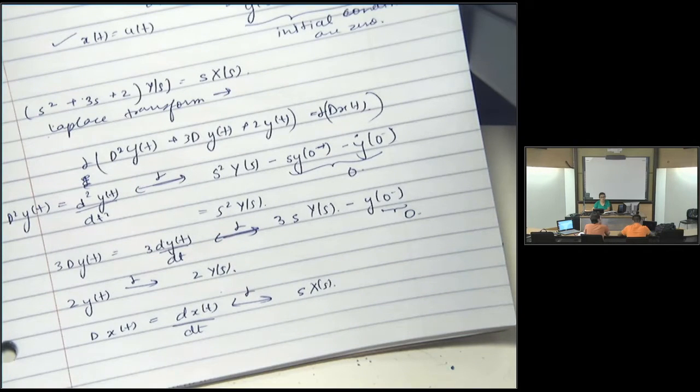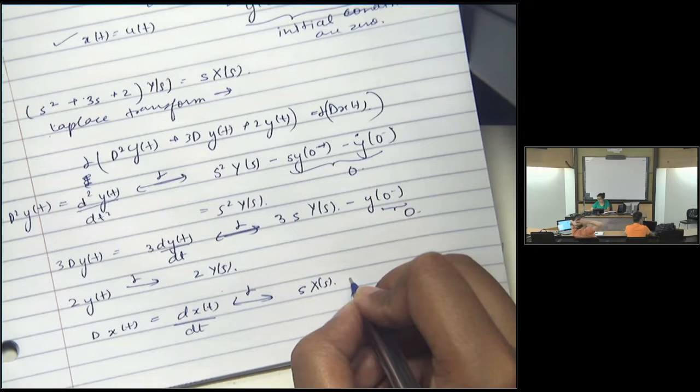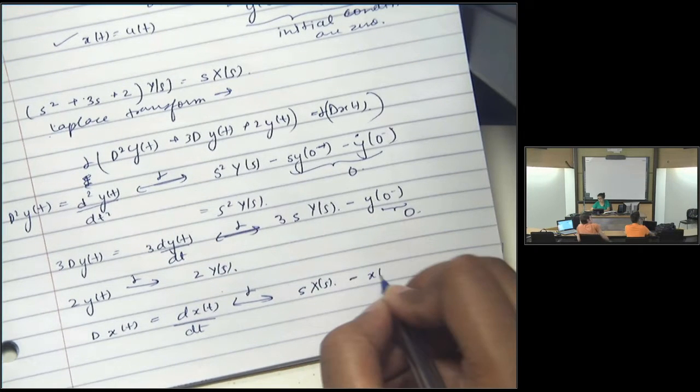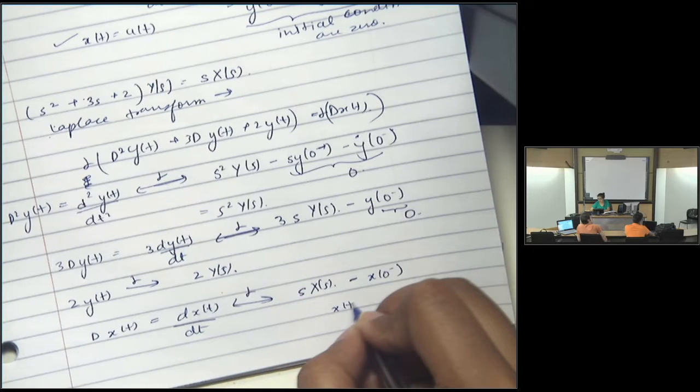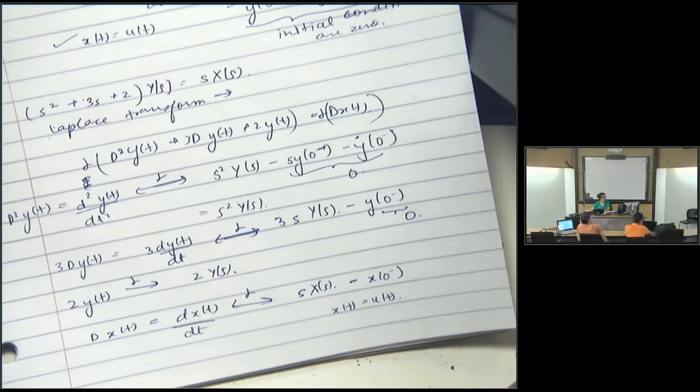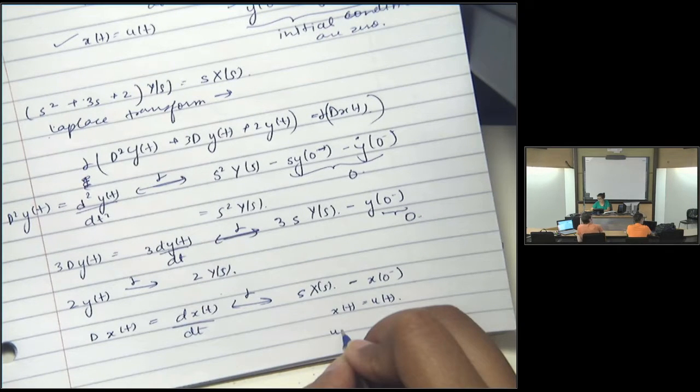Correct? Any questions? Shouldn't it be minus? Oh, because it's zero input, right? Yes. Shouldn't it be minus x? Yes, but my x of t is u of t, and u(0 minus) is 0.